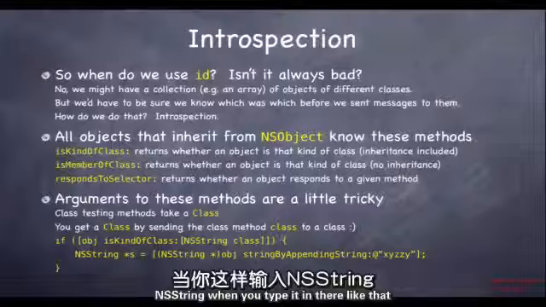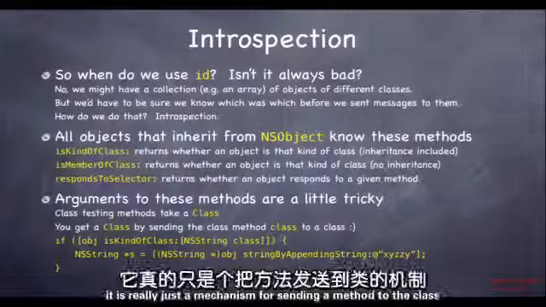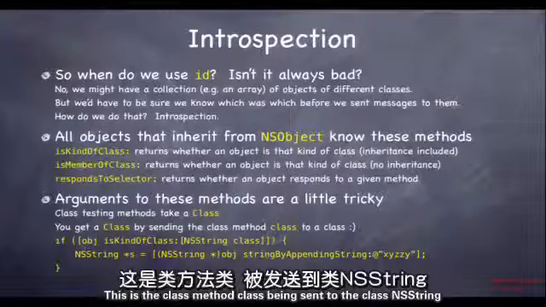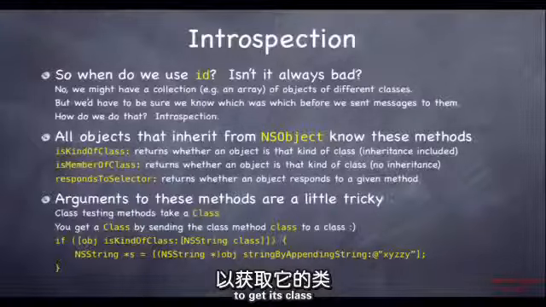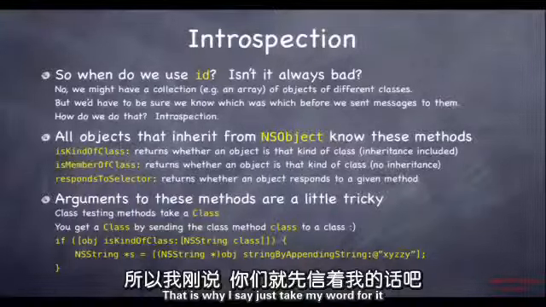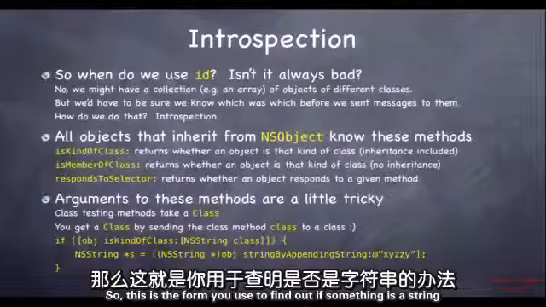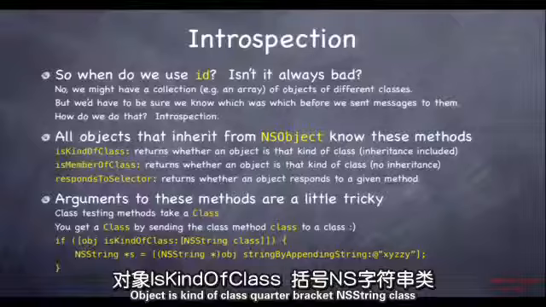NSString, when you type it in there like that, is really just a mechanism for sending a message to the class. So you need to use that class method. This is the class method class being sent to the class NSString to get its class. Got that? That's why I say just take my word for it. But anyway, this is the form you use to find out if something is a string: object isKindOfClass, square bracket, the string class.